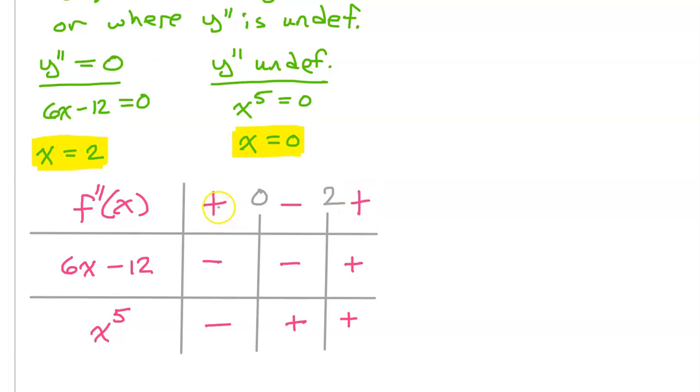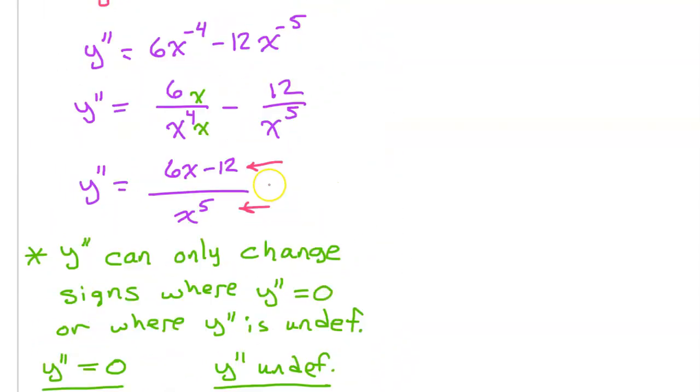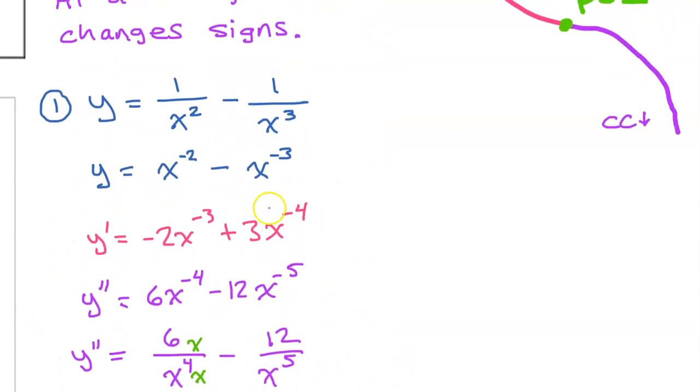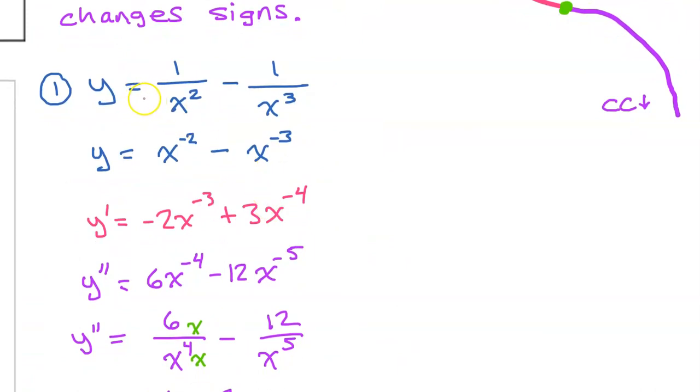So before I look to see where the sign changes are, we need to pay attention to whether or not either of these values are undefined for the original function, because you can't have a point of inflection if it's undefined. So if you look back at the original problem, okay, this is the original function y.